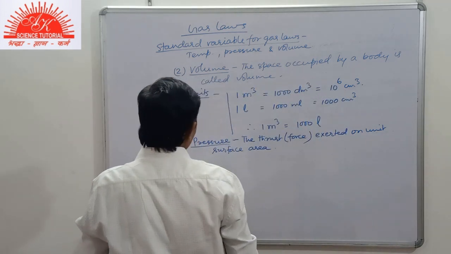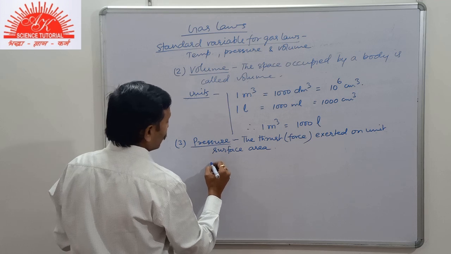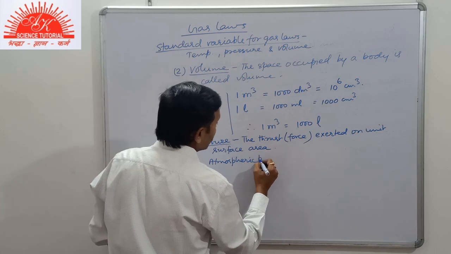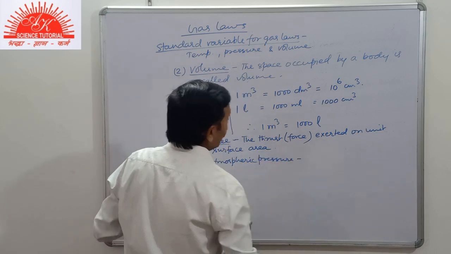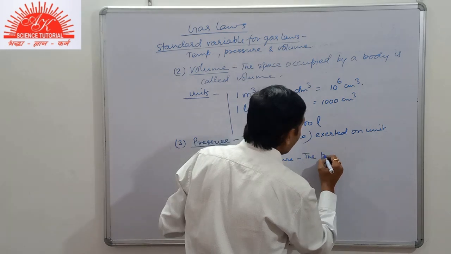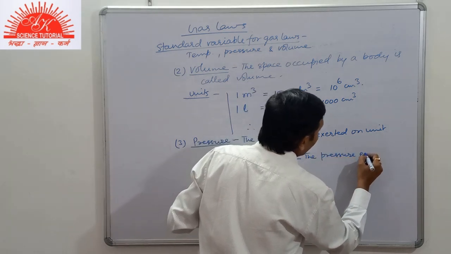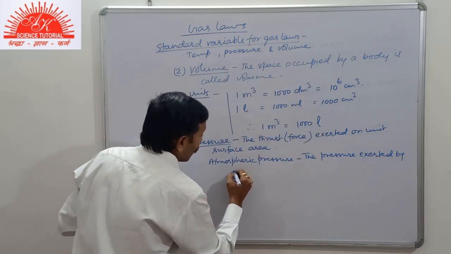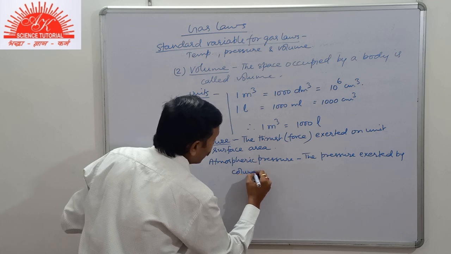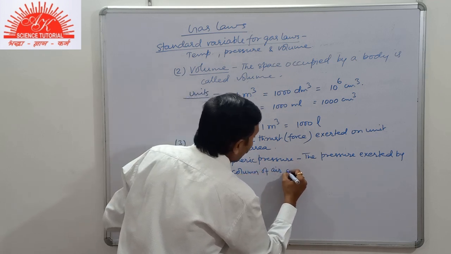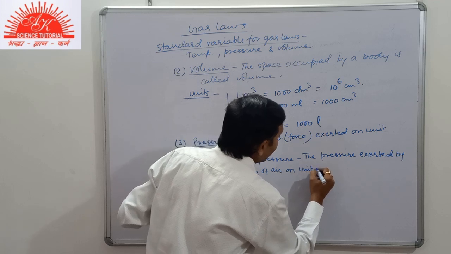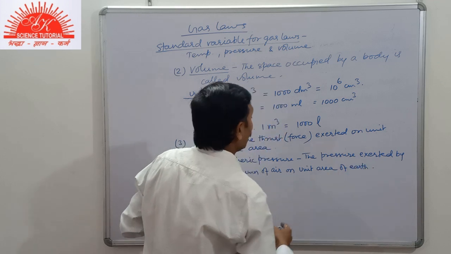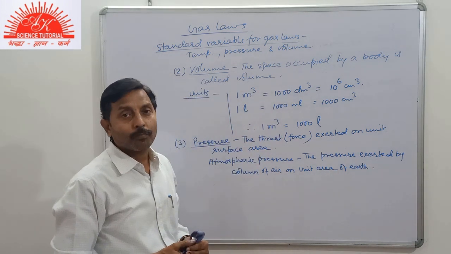Means, when we say atmospheric pressure, the pressure exerted by a column of air on unit area of Earth is called atmospheric pressure.